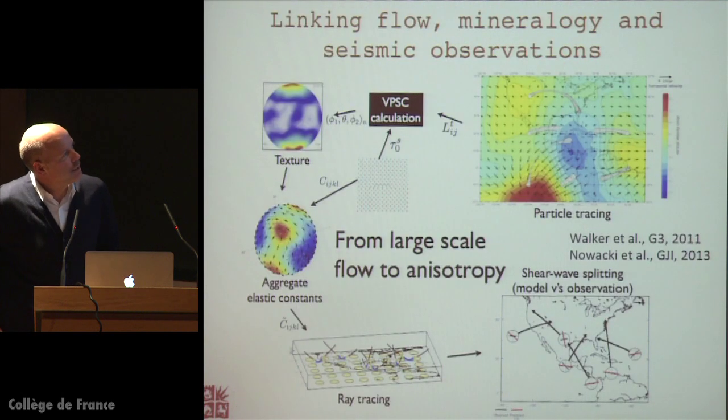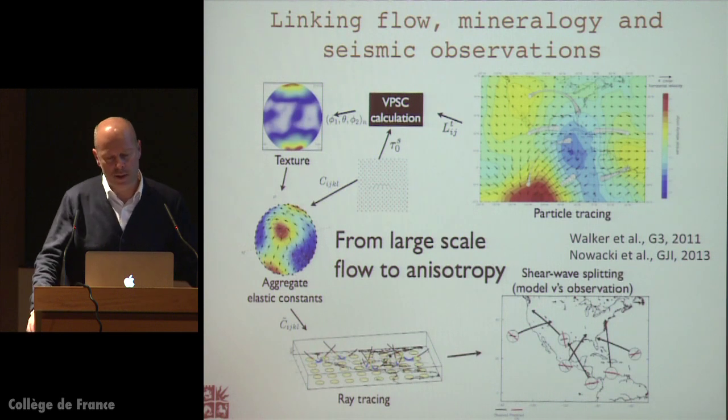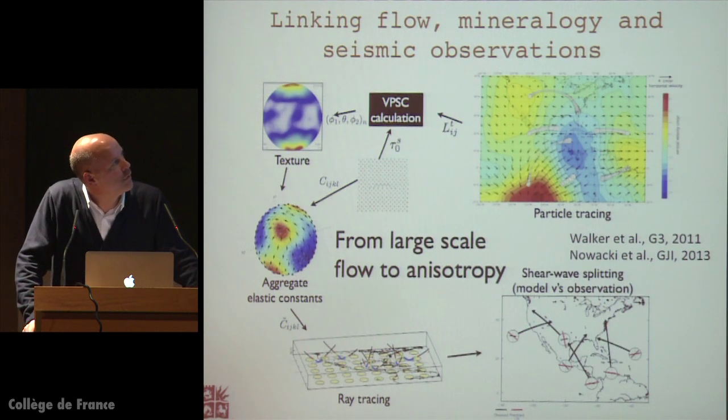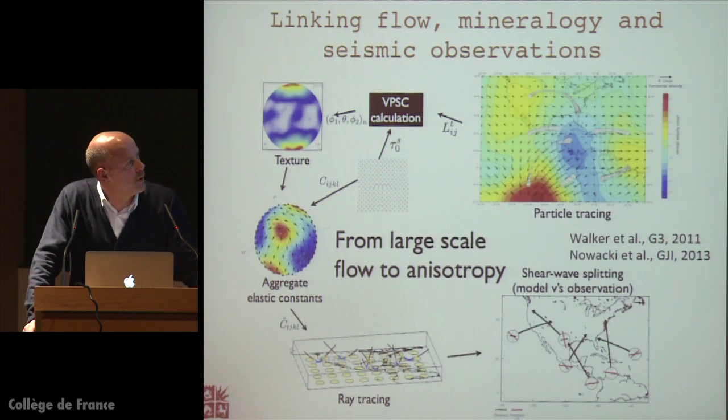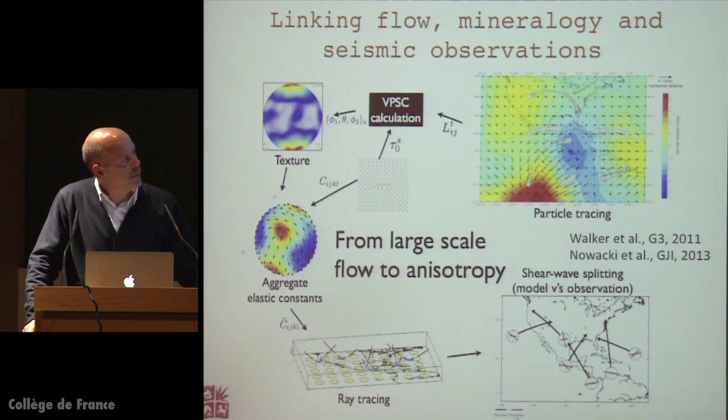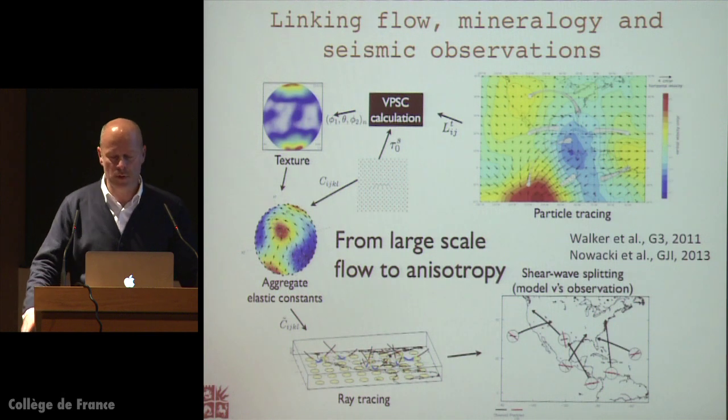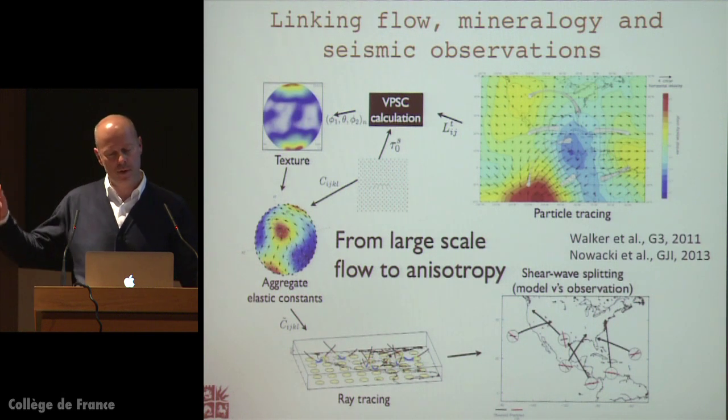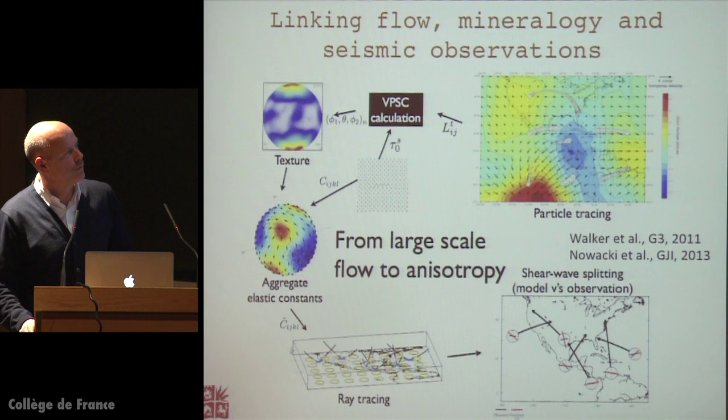On the far right is a snapshot of the flow model from the work of Simmons and Forte and others, showing the flow directions. The white bubbles are the particles that we traced. We follow the strain history along these particles, and you can see they're moving in 3 dimensions.